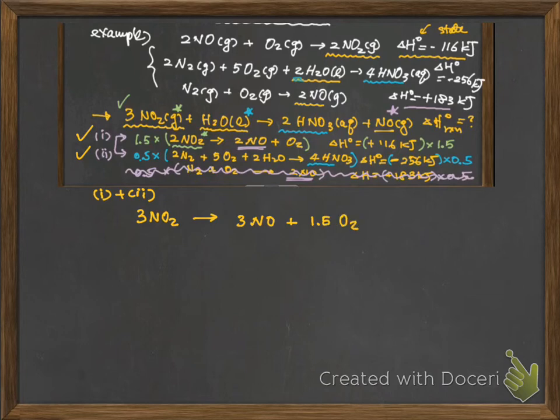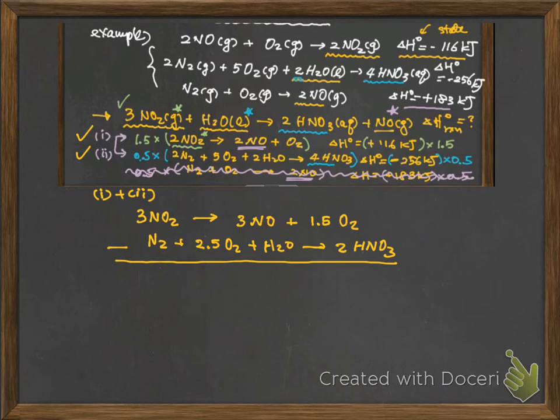The second one will give me N2 plus 2.5 O2 plus H2O becomes 2HNO3. So far I have made these two.